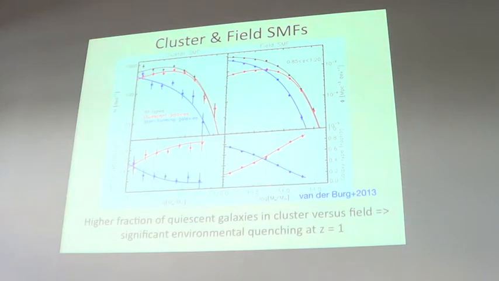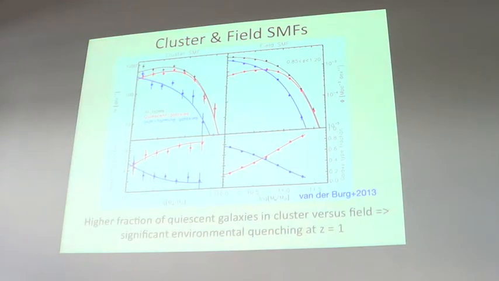What you see here on the left in black is the cluster stellar mass function combining the data from those 10 clusters at redshift 1. On the right there's the field galaxy stellar mass function, and the field galaxy data is from UltraVista. We've also broken down our stellar mass functions by quiescent in red and star forming in blue.